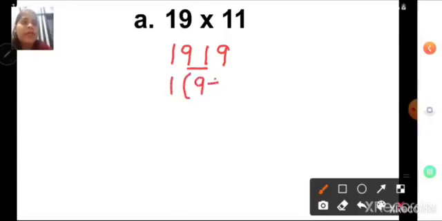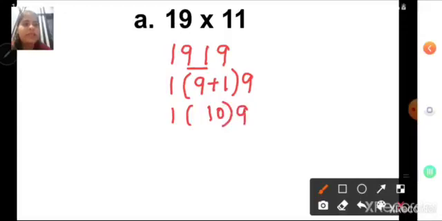I will write 9 plus 1 and then again 9. When we are putting the number in bracket, we have to put addition sign. Now we will solve what is there in the bracket. So 1 will be as it is. 9 plus 1 is 10 and the number 9.